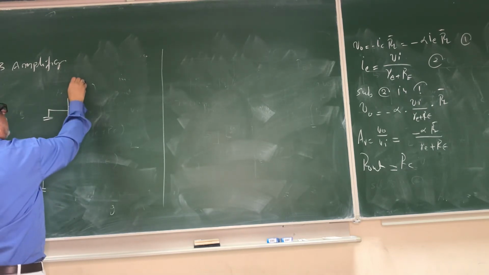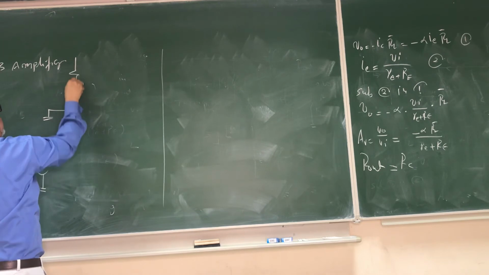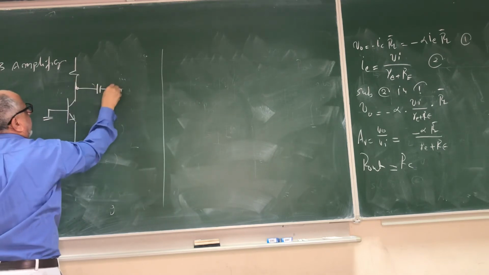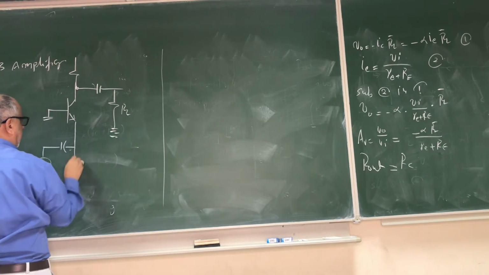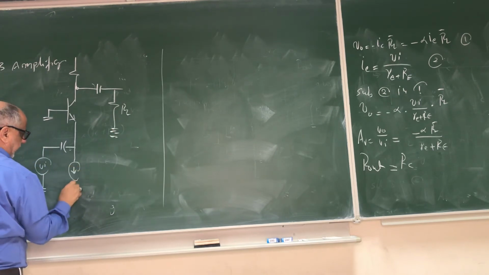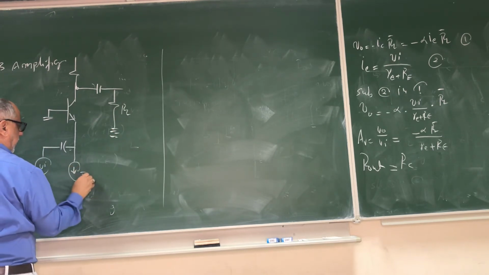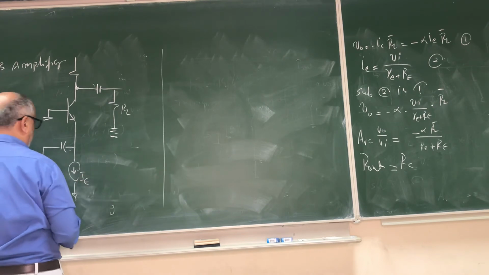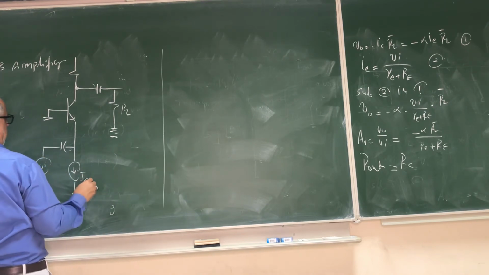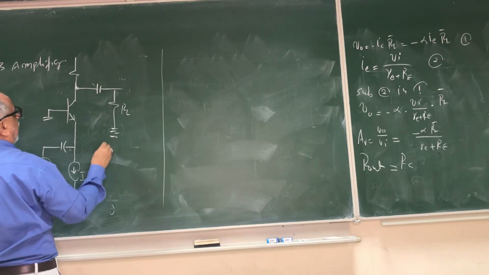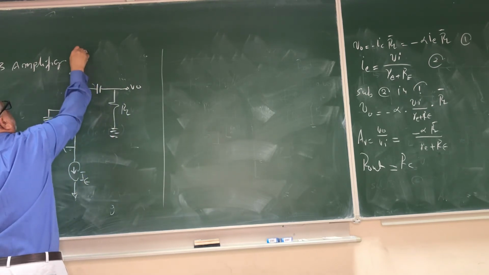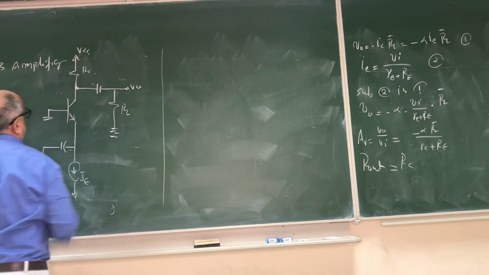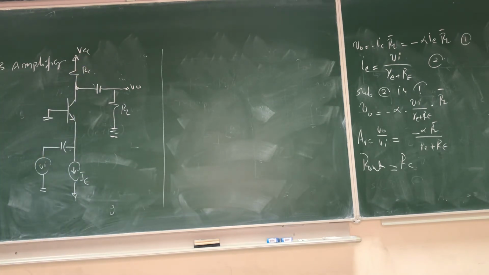And we can take the output from here, that is RL. But we'll assume there is biasing for this, so we can use a bias current here, IE, to bias this circuit, all right? And this is V out, this is VCC, and that is RC. So this is called the common base amplifier.